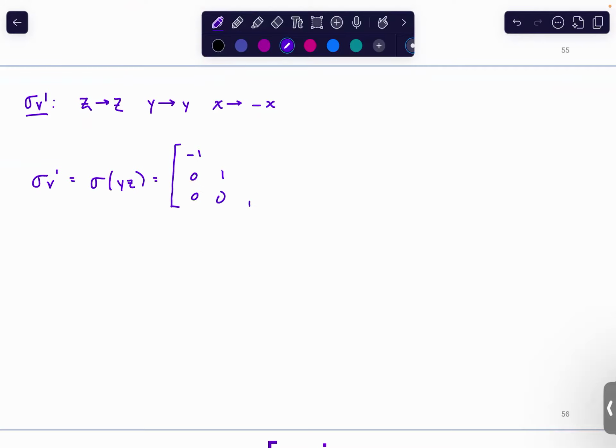Now, what I want to do is test one of the rules of group theory. Remember, the product of any two elements in a group yields another element of the group. So, for example, C2 times sigma v is going to equal sigma v prime. Can you prove that with the matrix? I suppose we could. So our C2 is -1, -1, 1, times your sigma v, 1, 0, 0, 0, -1, 0, 0, 0, 1.